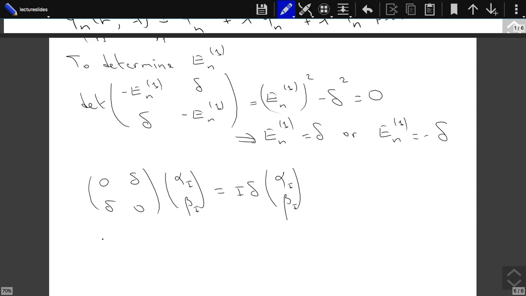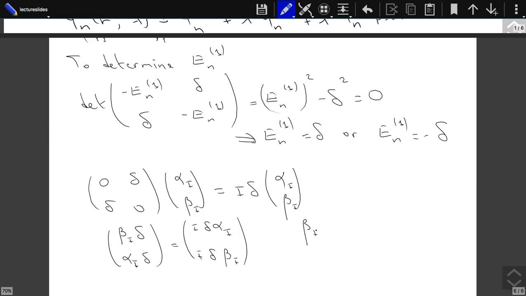Now if you multiply, we have beta times plus or minus delta, and alpha times plus or minus delta. This is equal to plus or minus delta alpha, plus or minus delta beta. The lower side is beta.